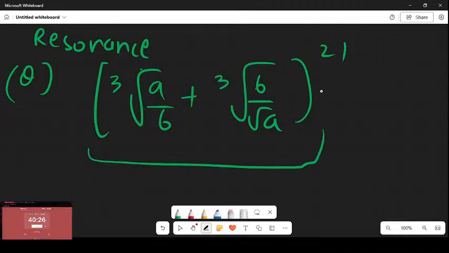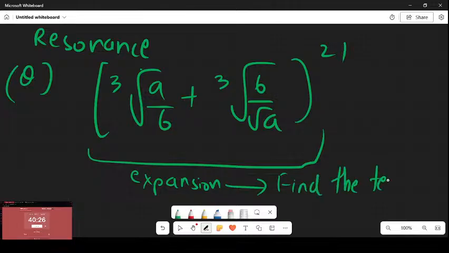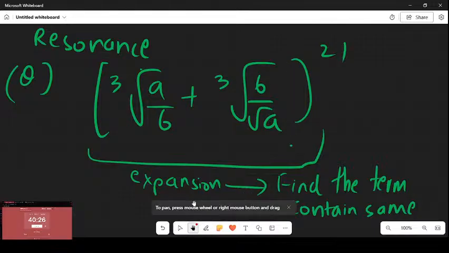They are asking that when we expand this binomial expression, we have to find the term containing the same power. You have to find the term which is containing the same power.